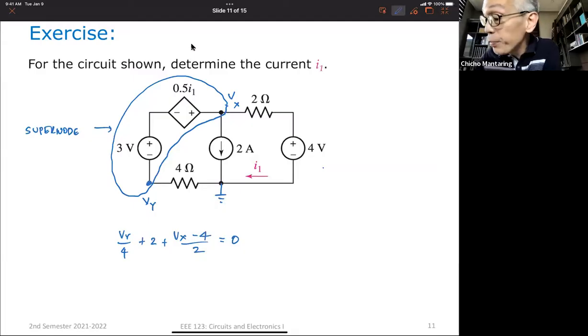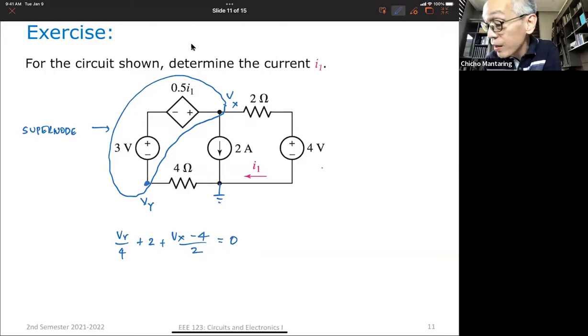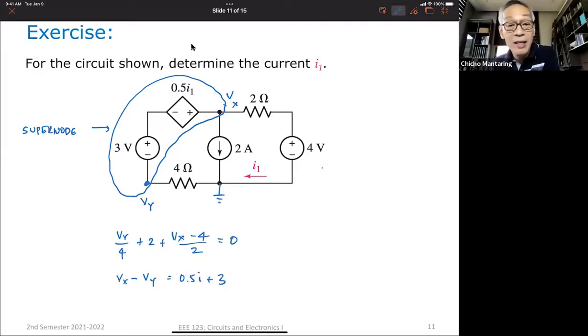What other equation can I form? What is the relationship between Vx and Vy? You're going to find that Vx minus Vy, the voltage from this point to this point, is just 0.5 I1 plus 3.